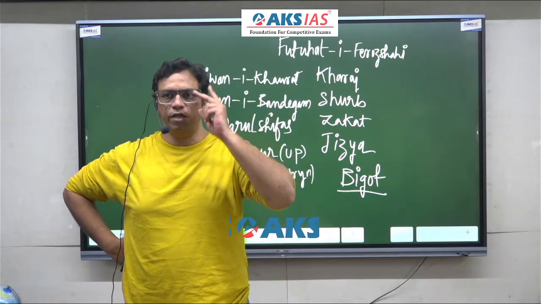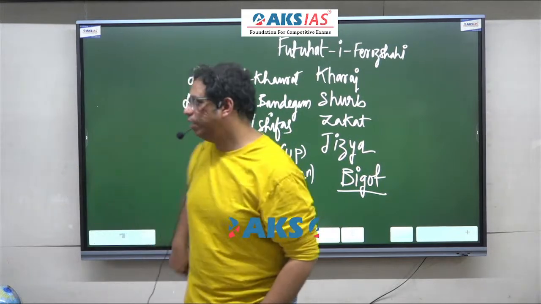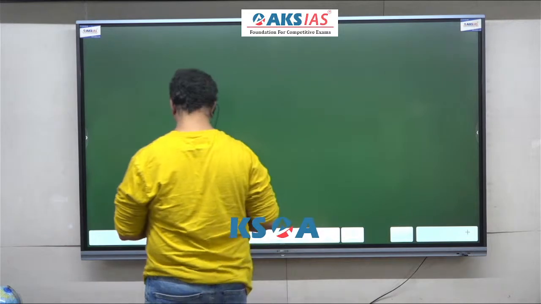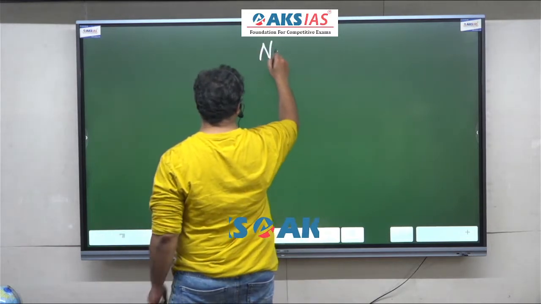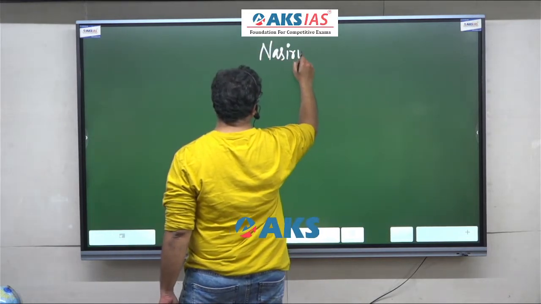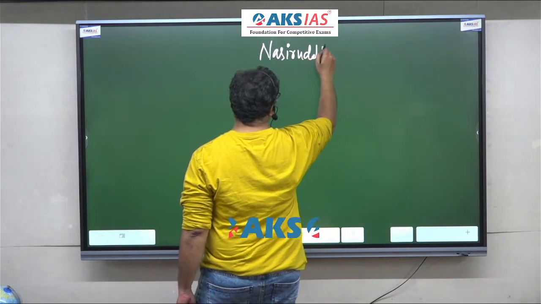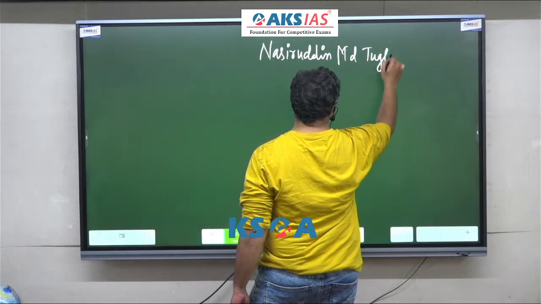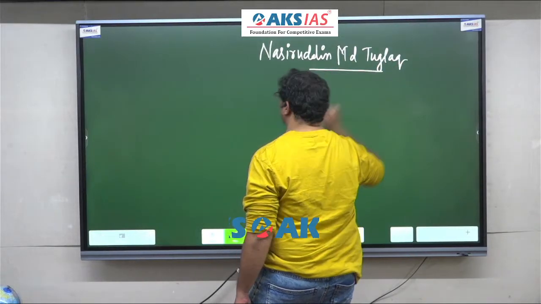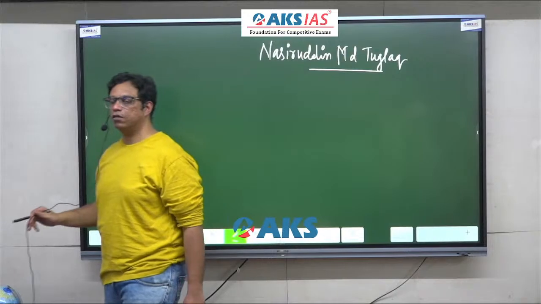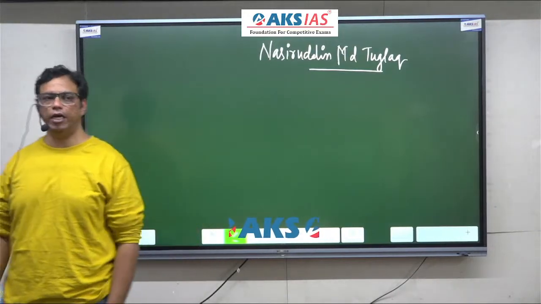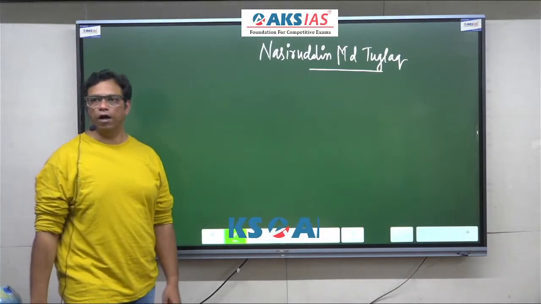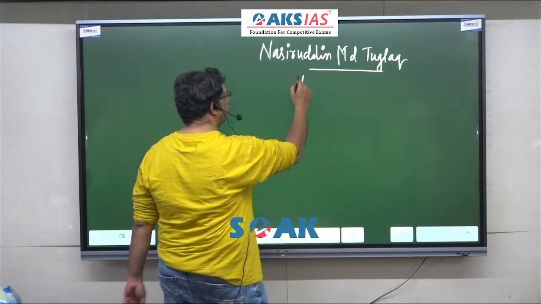Okay? The next important ruler from this family was Naseeruddin Muhammad Tughlaq. During his period, Taimur invaded India.